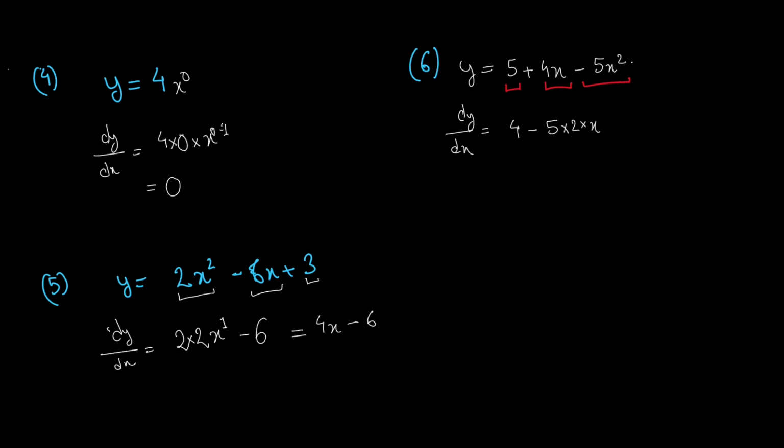Since the power of x is 2 here, we have to decrease the power by 1. So x to the power 2 minus 1 gives us 1, so our power will be 1. Now simplifying this expression, we'll get 4 minus 10x. So this is our final answer. Let's look at another example.